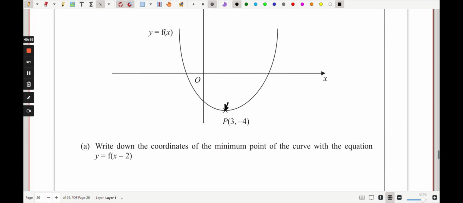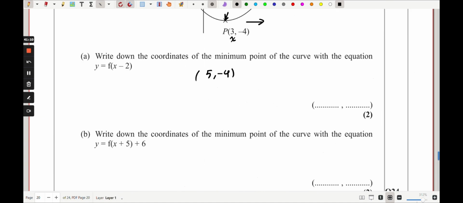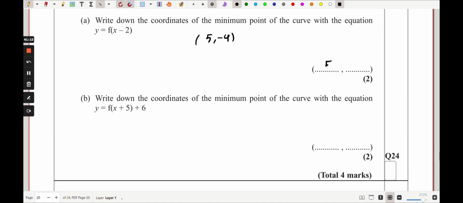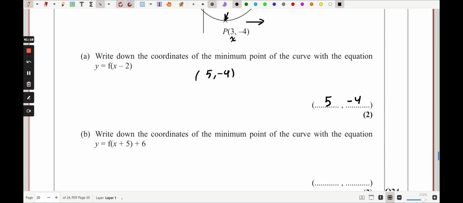So the x coordinate is shifted to the right. That means we have to add 2 to the x coordinate, so we'll get 5 and minus 4. No change on the y axis, so our point here will be 5 and minus 4.